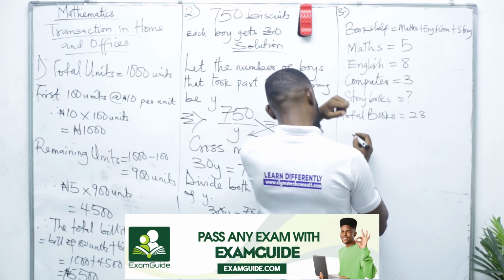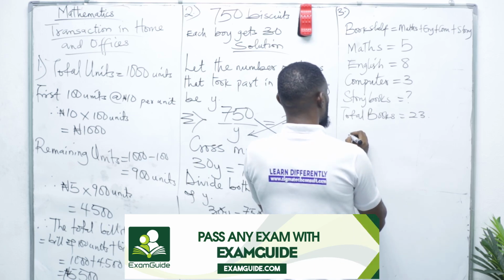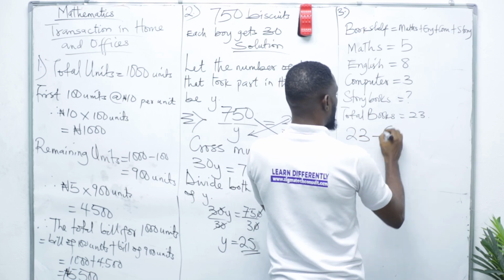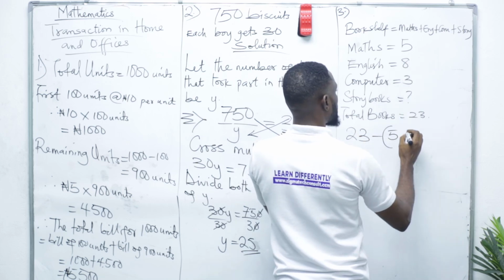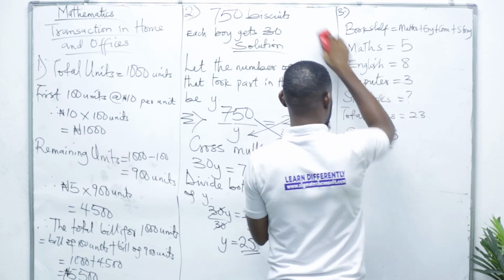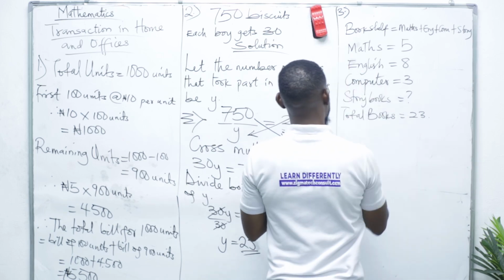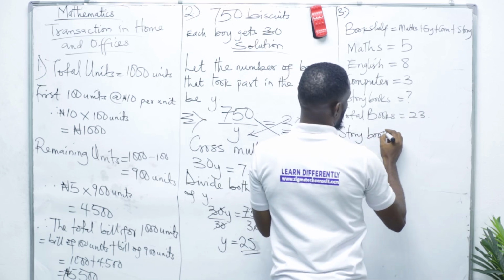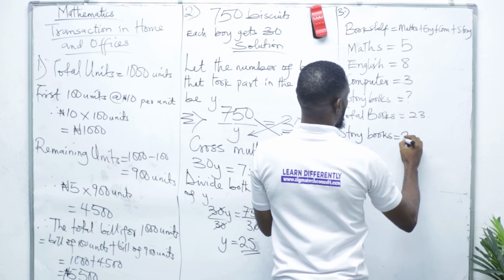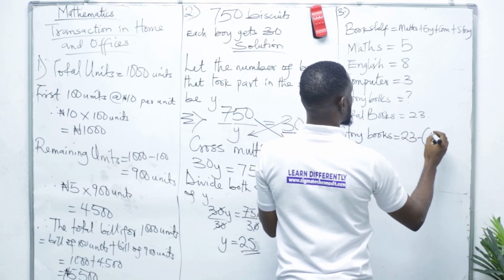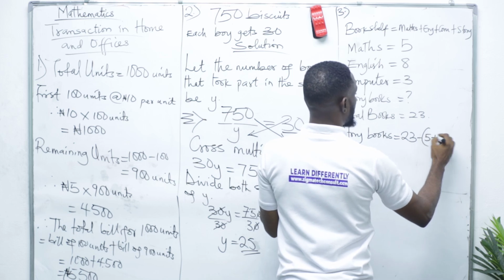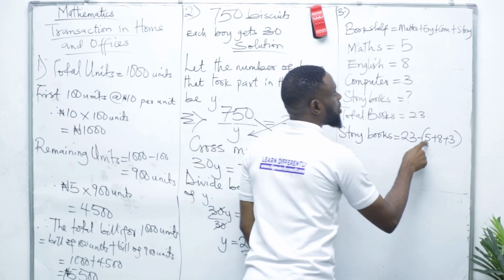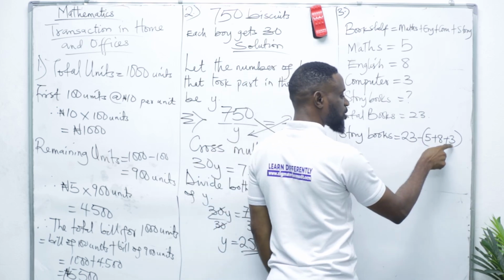Okay, so storybooks is equal to 23 minus 5 plus 8 plus 3. That is minus maths, English, computer.